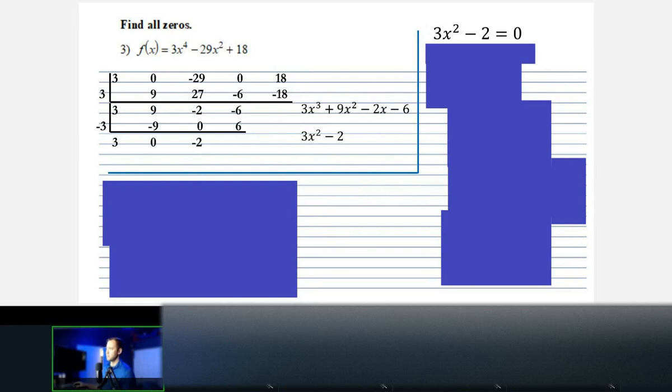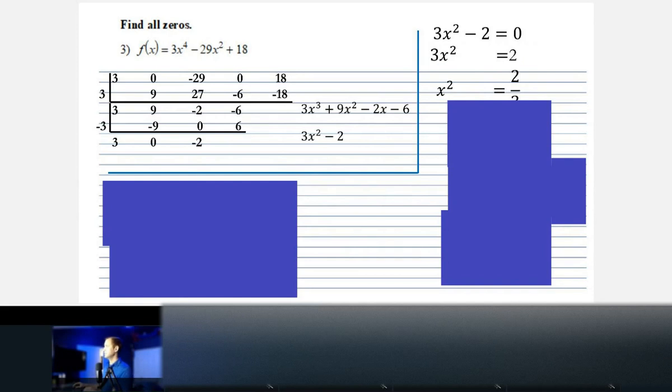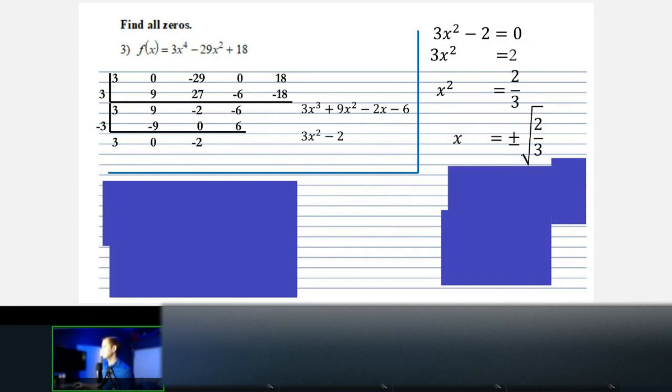But if you use the quadratic formula, your A value would be 3, your B value is 0, and then your C value is -2. If you did it right, you would have got the same answer. You just create more work for yourself. So add 2 to both sides, divide both sides by 3, square root both sides.